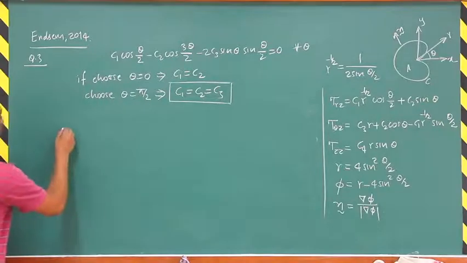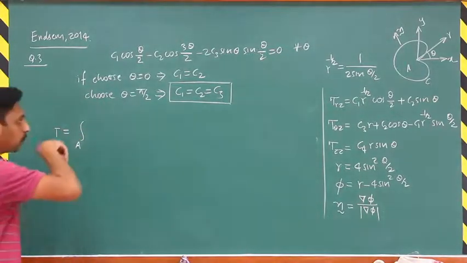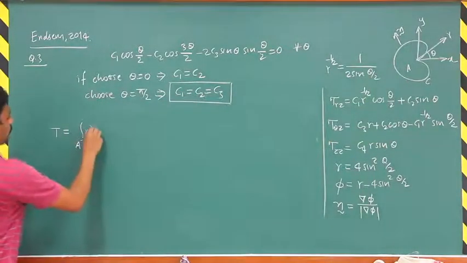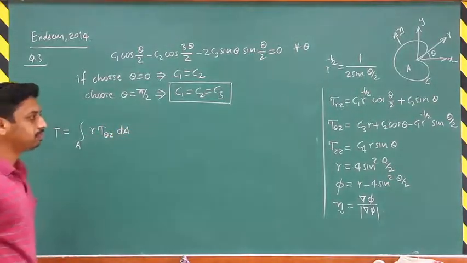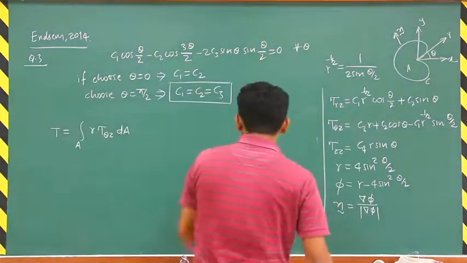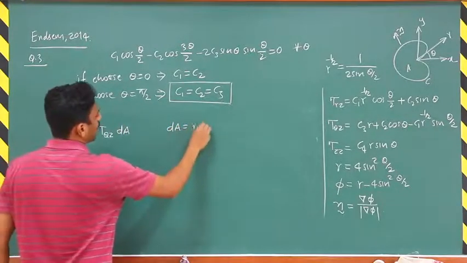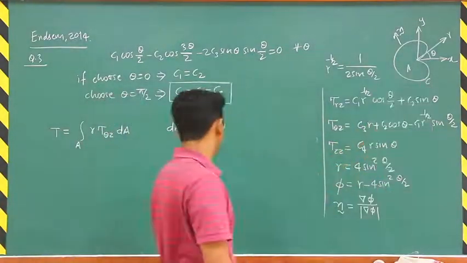So torque T on the top surface is given by integration over this cross-section area A of r times tau theta z dA. Now we are making use of this cylindrical coordinate system, so the area element is given by r dr d theta on this cross-section.